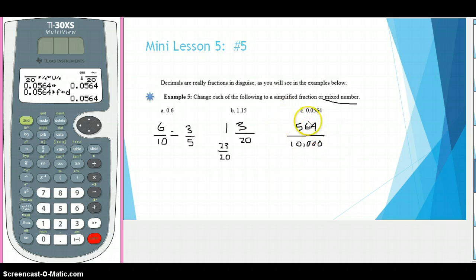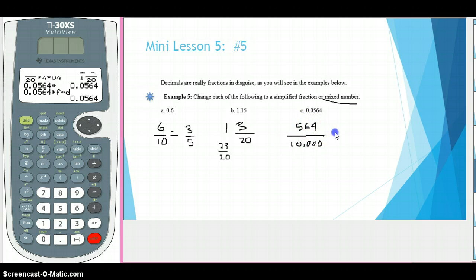So we have this as a fraction, but we don't have this as a simplified fraction. A nice thing about powers of 10, which decimal denominators will always be, is they're only divisible by 2 or 5, because 10 is 2 times 5, meaning the only prime numbers they're divisible by are 2 and 5.